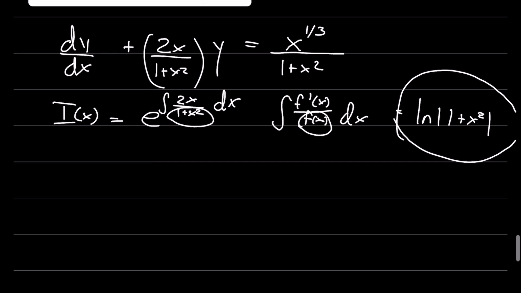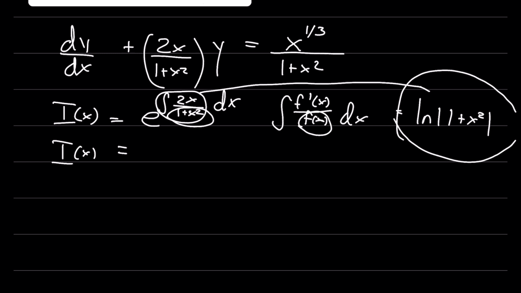Cool, so we know that I of x is equal to, well, instead of writing the integral of this, we can just write the result, which is e to the ln of 1 plus x squared. Now again, because of the inverse relationship between ln and e, this is equal to 1 plus x squared.